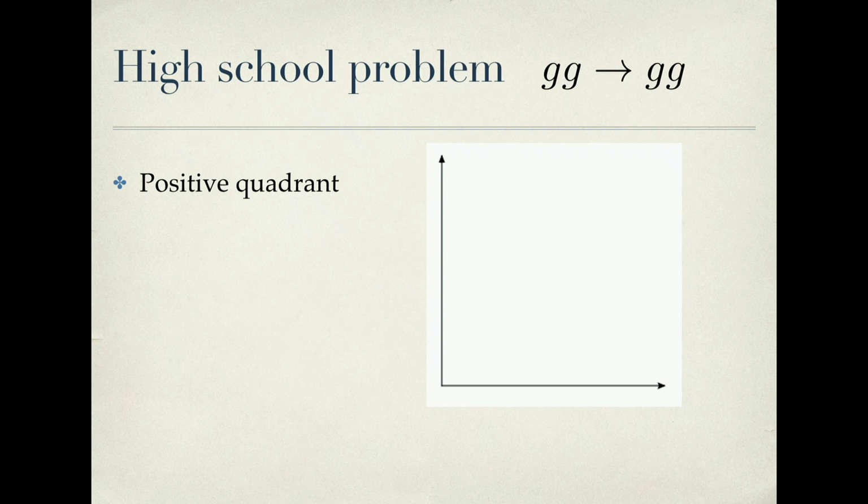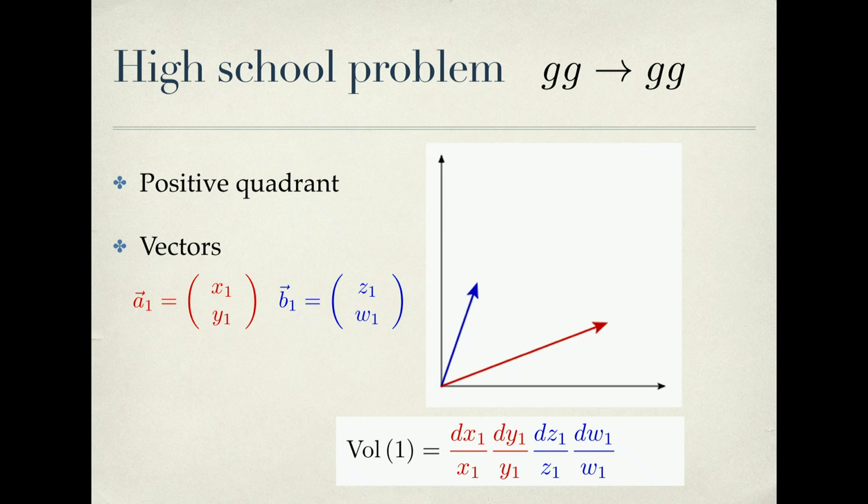So I have a positive quadrant, and I put some blue and red vectors there. It's a positive quadrant because these are two component vectors, and the entries are positive variables. So x1, y1, z1, w1 are positive. And now I want to write a form on the space of all these configurations.